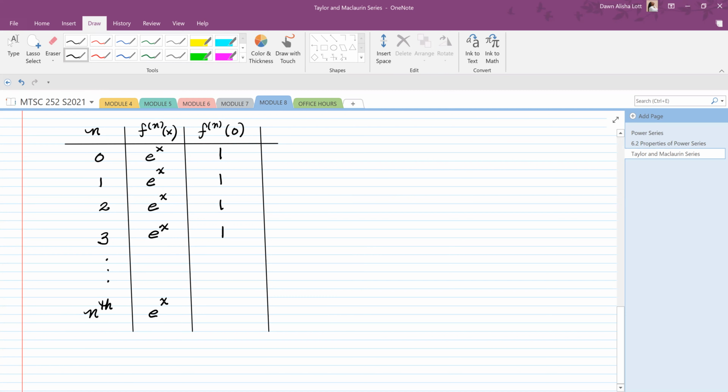Now we already know that this function doesn't even exist for x equals 0. So f of 0 does not exist. Therefore, we cannot do a power series about x equals 0. So this has no Maclaurin series.